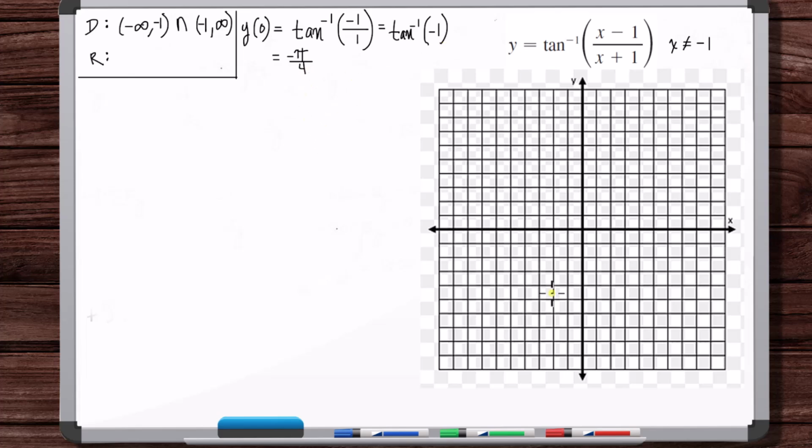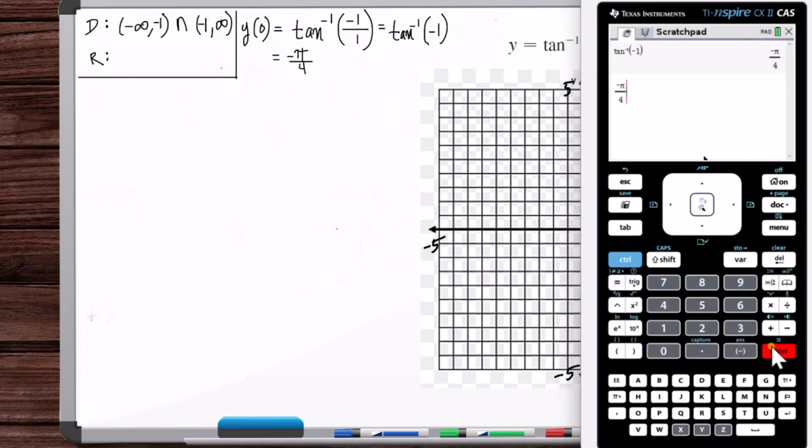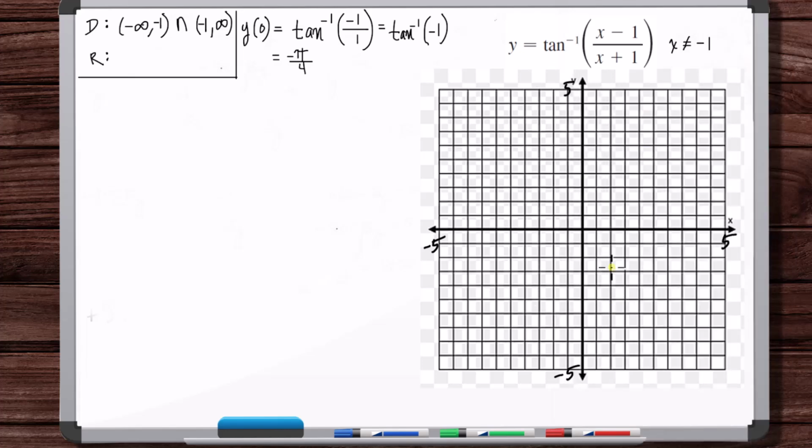Let's plot this y-intercept. So we're going to go from -5 to 5, and then on the y-axis the same, 5 to -5. Now what is pi over 4? It's 0.79, so minus 0.79, right around in here.